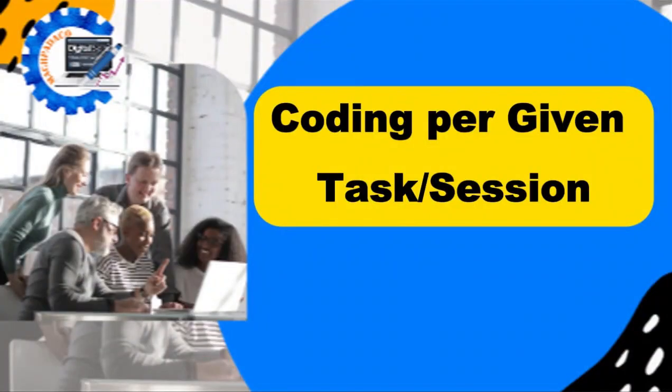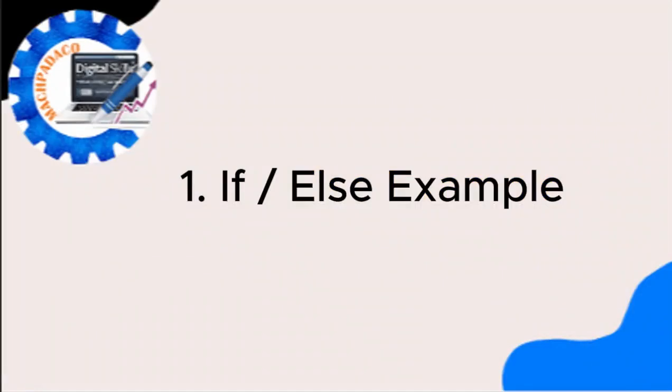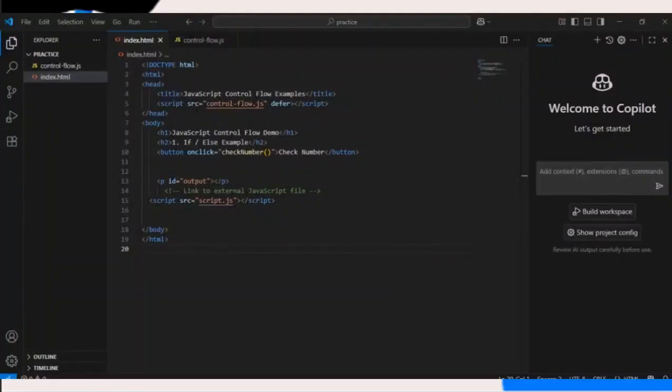In our coding environment, we will look at the if/else example. The doctype HTML, then under it we have our HTML open tag. Then under the HTML open tag, we have our head open tag.